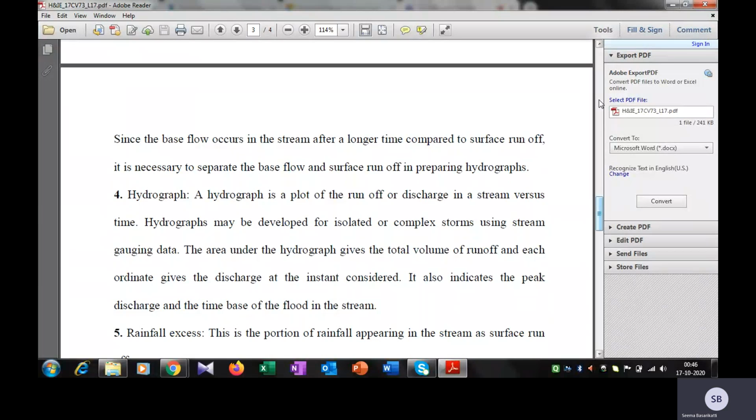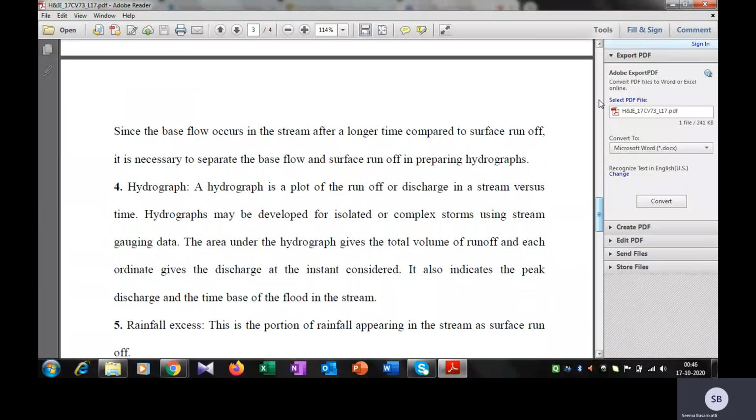The next definition is hydrograph. A hydrograph is a plot of the runoff or a drainage in a stream versus time. Hydrographs may be developed for isolated or complex storms using stream gauging data.